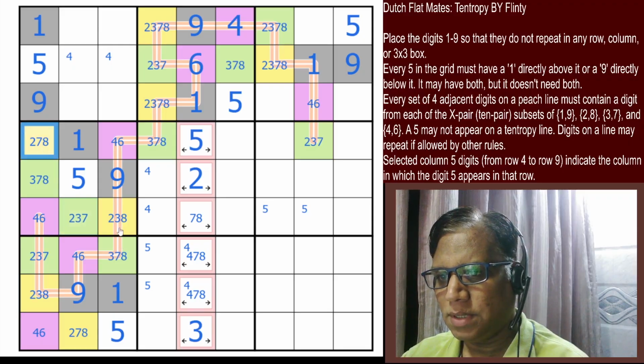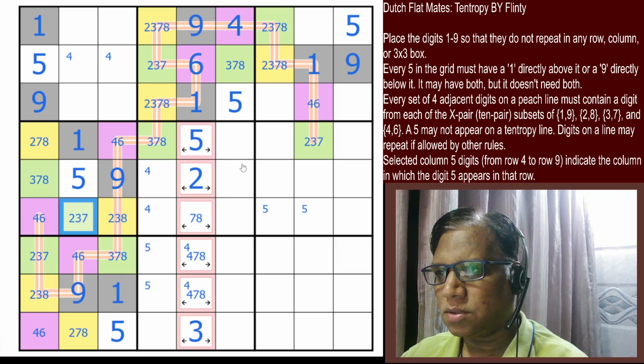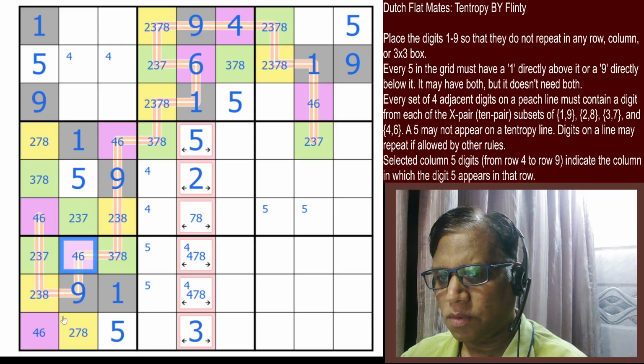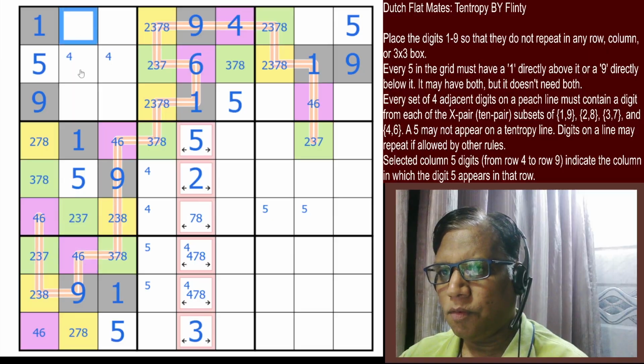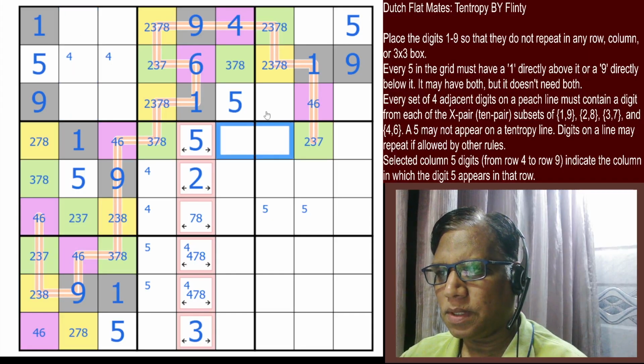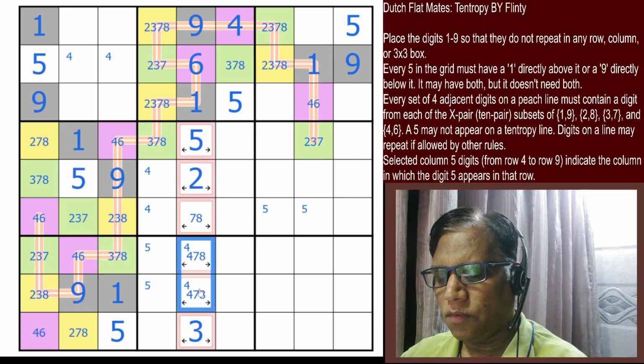I was thinking that 2 is definitely part of yellow, but no, 2 is green here. No, that's a totally wrong thing to say. Come on. One of the 4 6 has to be here. One of the pink has to be here. Yeah, one of the pink is there, right? I don't know where the other pink is.